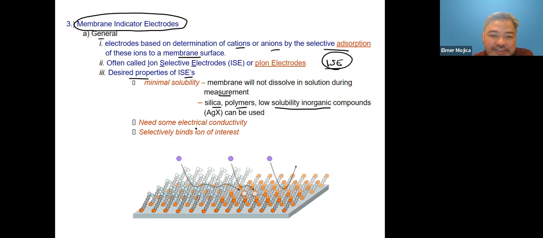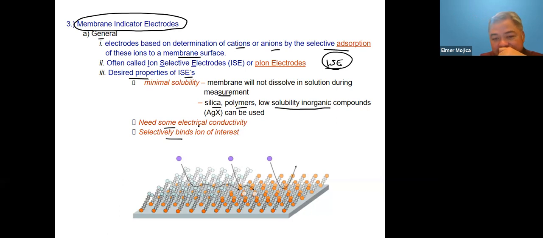And then another property is you need to have some electrical conductivity. And most importantly, it selectively binds doon sa ion of interest mo. So ang nangyayari kasi dito, pag nag-bind, doon mag-create parang electron conductivity.